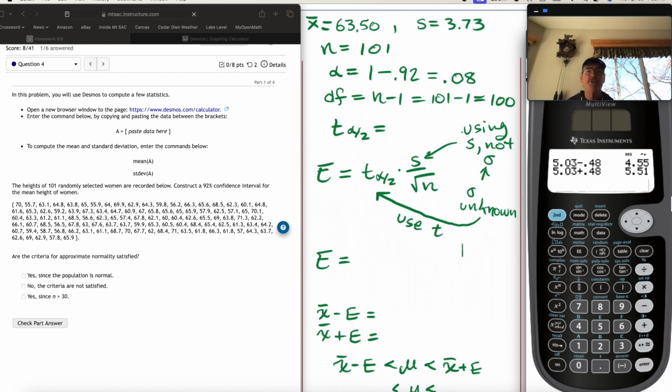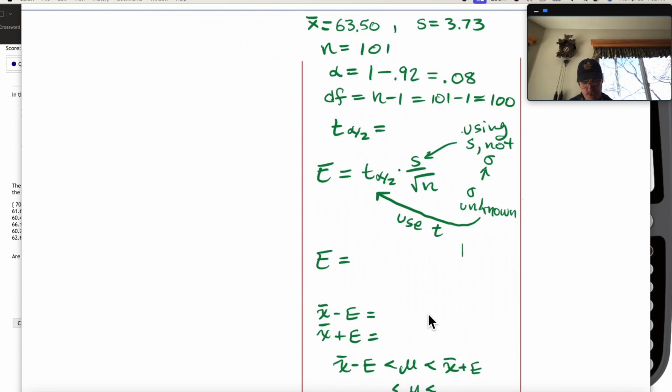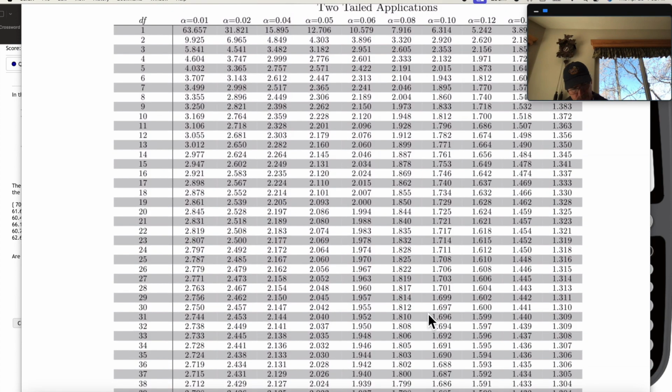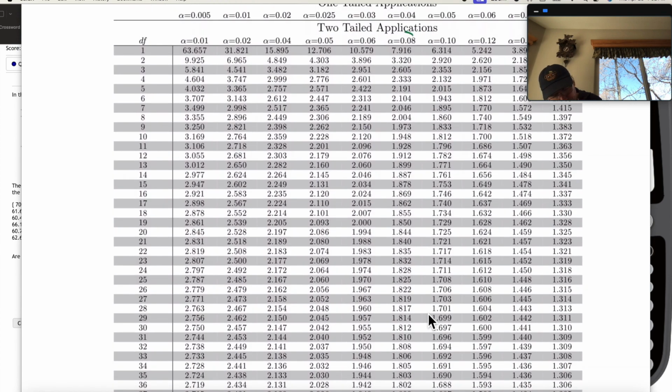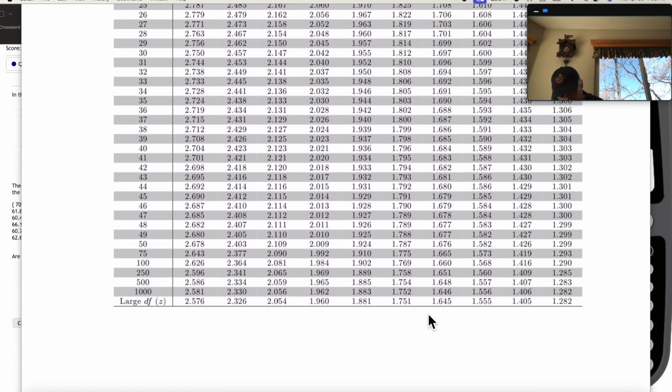Okay, so with a 0.08 alpha and 100 degrees of freedom, we can go ahead and go to our table here. So the alpha, again, this is table E2. So the alpha is 0.08. Degrees of freedom way down here to 100.